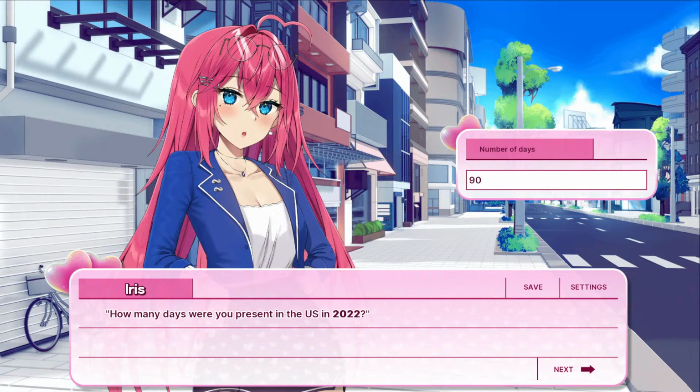Okay, what was the thing on the UK one? The UK one was how many days I'd need. Oh, I need 183 days to be automatically a resident in the UK. It doesn't matter how many ties I have, but 183. Okay, let's just put 2022 as 90 days. Wait, when is tax filing?